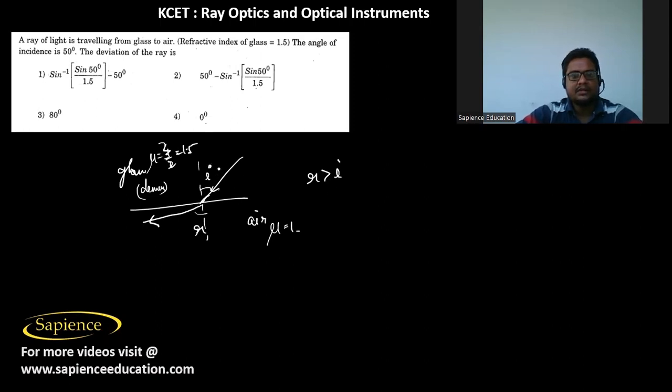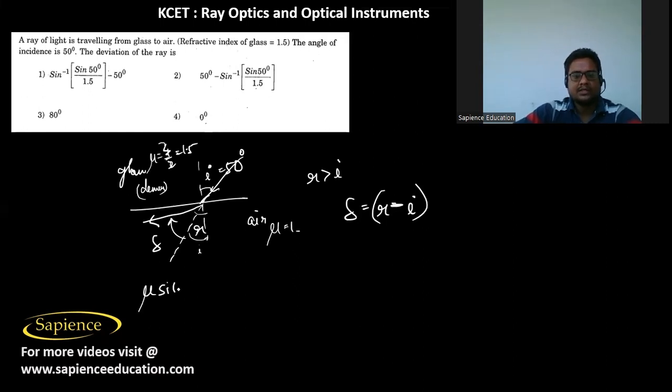If the angle of incidence is 50 degrees, then what is the deviation of the ray? The deviation will be equal to r minus I, since vertical opposite angles are equal. So by Snell's law, mu into sine I equals 1 into sine r, so 1.5 into sine 50 equals sine r.